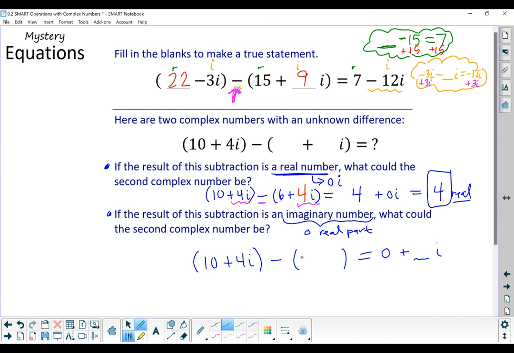Well, to get that 0 real part, I need a 10 right here. And this other imaginary part could be anything besides 4. It can't be 4 because that would just give me the answer 0, which is a real number. So I could have maybe a 6i here. That would work. And then that would give me the answer negative 2i, which is an imaginary number.